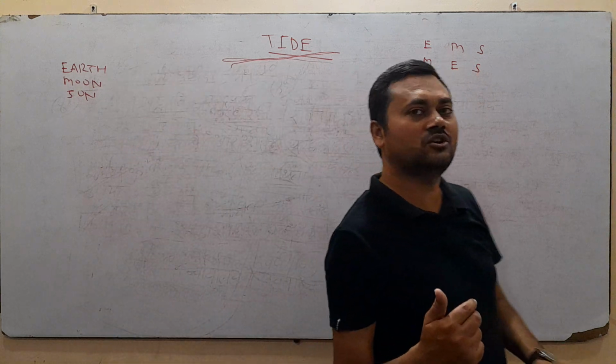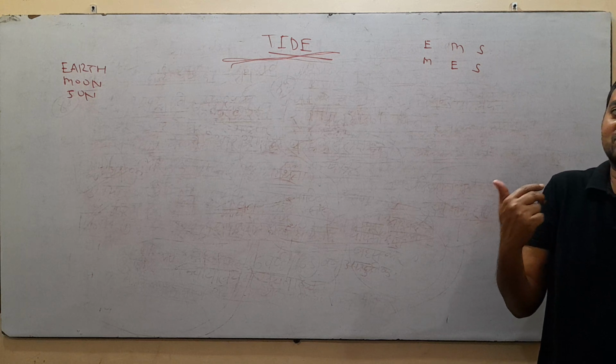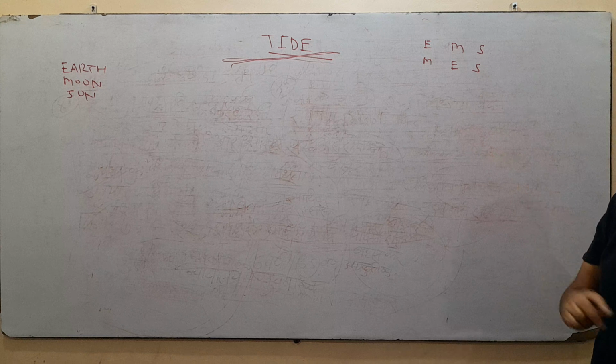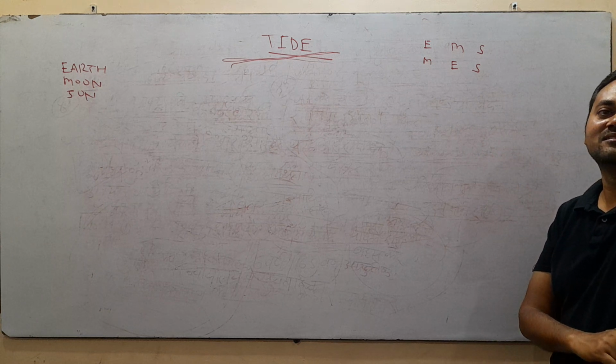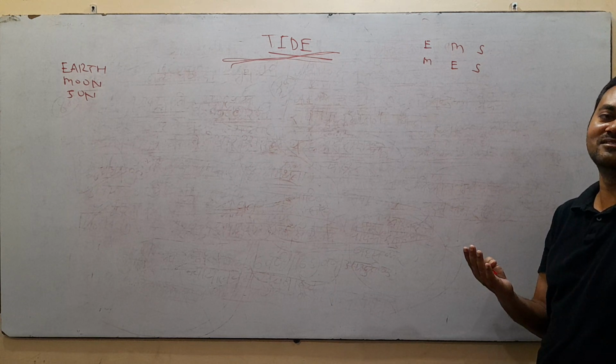One of them is called the full moon day, and the other one is called new moon day. Which one is called a new moon and which one is full moon? New moon means no moon.